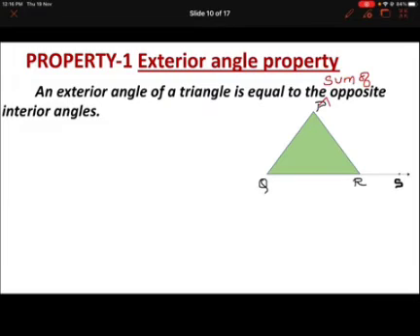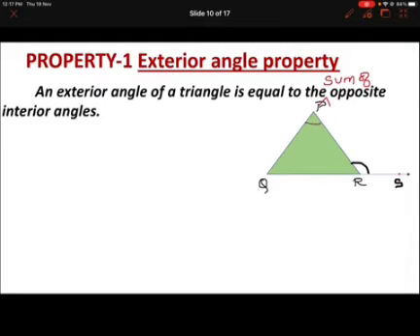You can see that it is extended, and that point through which it passes is called S. Now, your exterior angle, children, is angle PRS. So, according to the property, this angle will be equal to this angle plus this angle, the sum of opposite interior angles. Is that clear, children?